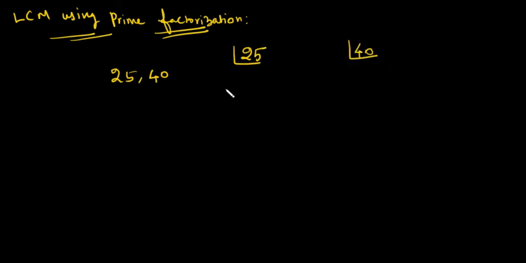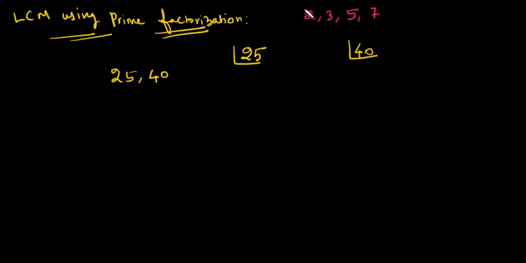You can find it using factor tree method or division method. Let's use factor tree method here, because you should know what the prime numbers are. So we know that 2, 3, 5, 7 are prime numbers.